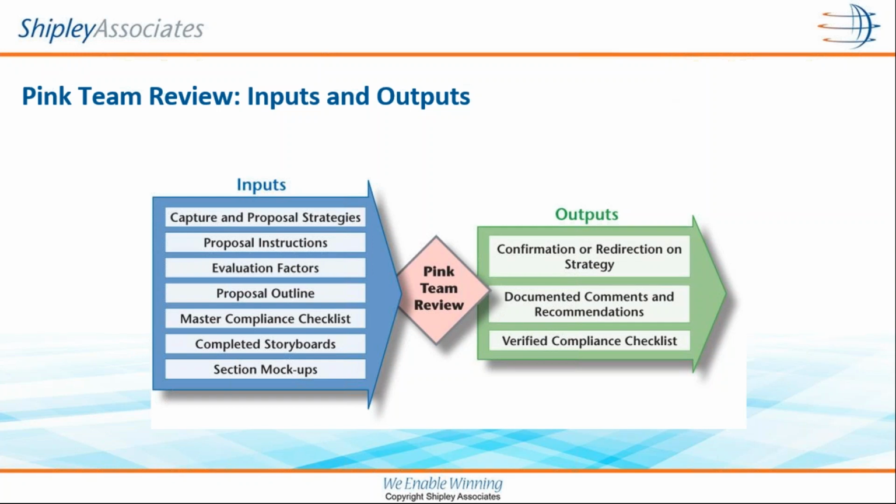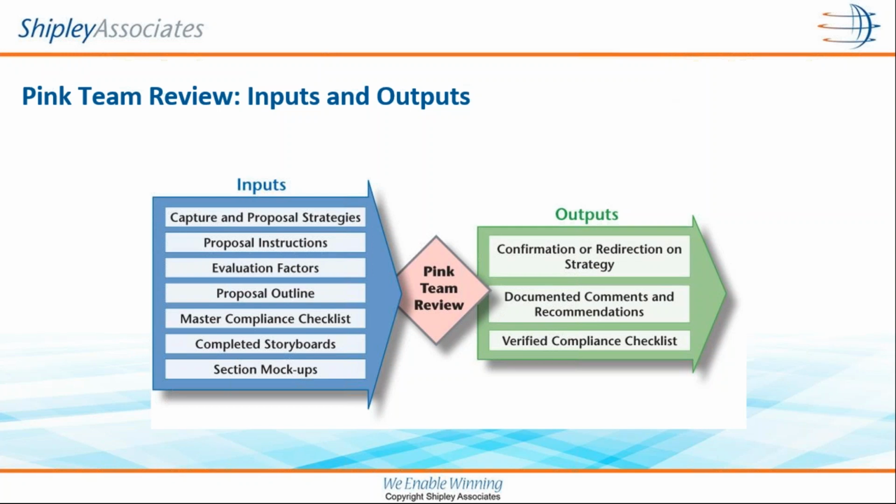You might have a pre-pink team and a pink team, or a pink team 1 and a pink team 2. But I use the rule of thumb of about 20 to 25% into it, you ought to be having a pretty solid pink team, and maybe you've already held a preliminary. I don't know, Tamara, if you wanted to comment on that.